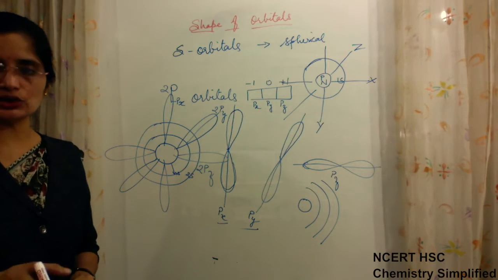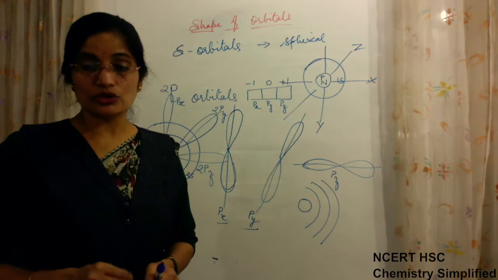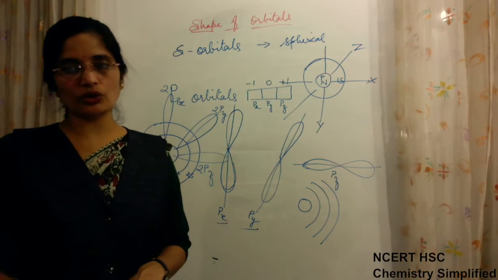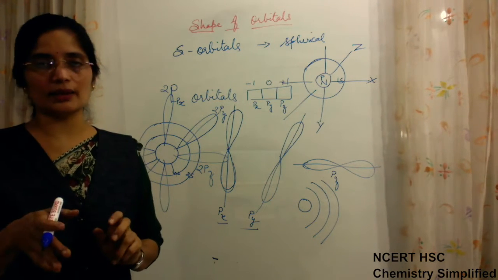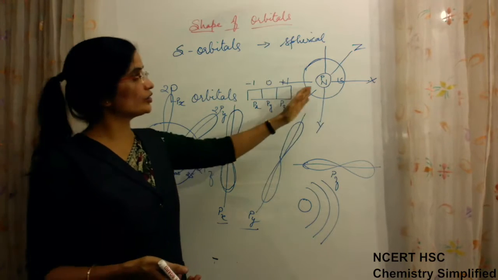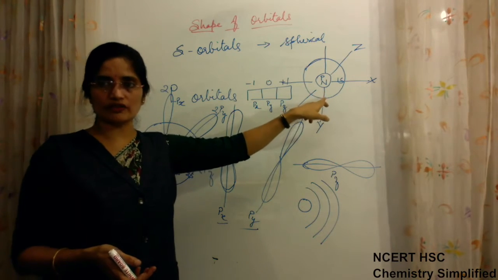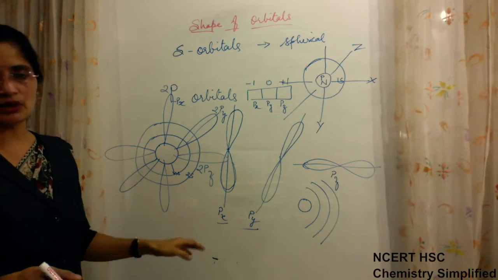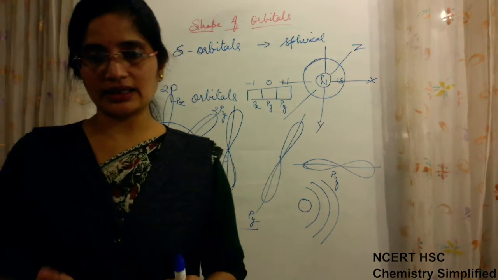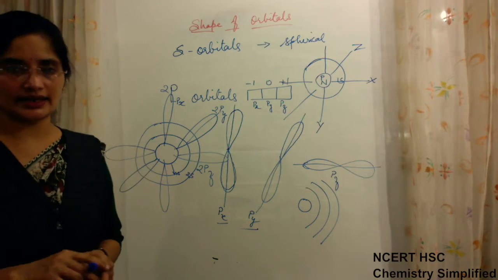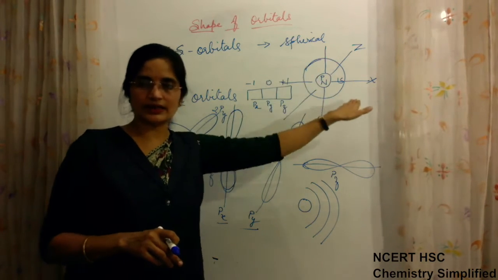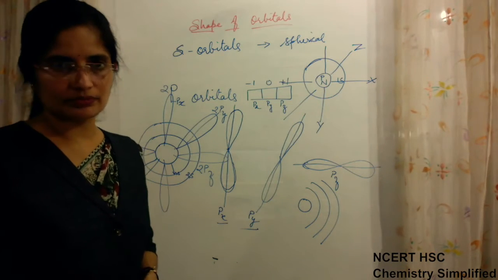We should know that actual structures are like this, so that when we talk about electron density, uniform or non-uniform, it is clear in our mind why electron distribution is uniform in the case of s and why it is not uniform in the case of p, because the shape is dumbbell shape and it is oriented in three different directions. On the other hand, s has a spherical, equal distribution.